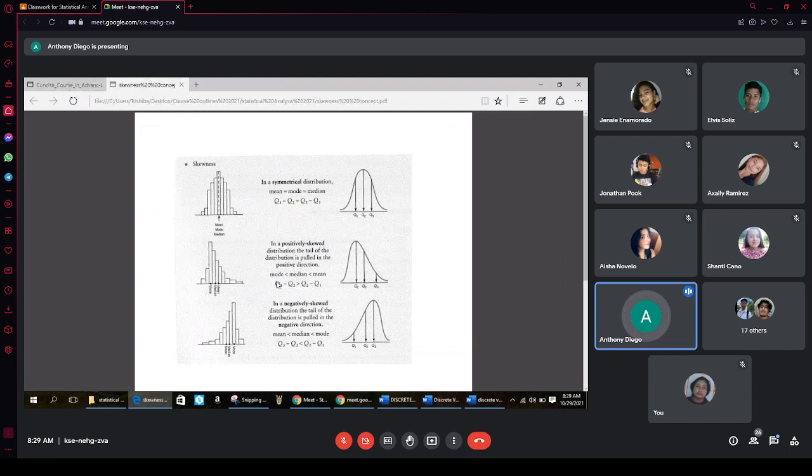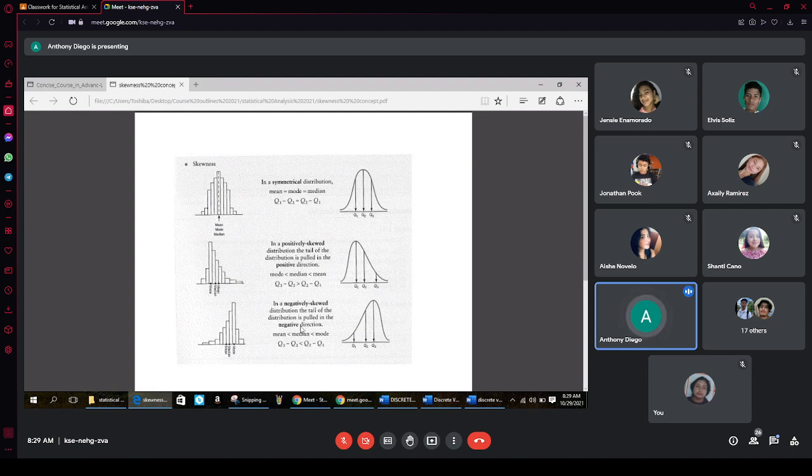Remember this, what I taught you for statistical analysis 1. You can see the difference. A symmetrical distribution has mean, mode, median equal. Then we have a positively skewed distribution, which means it has a positive kurtosis.